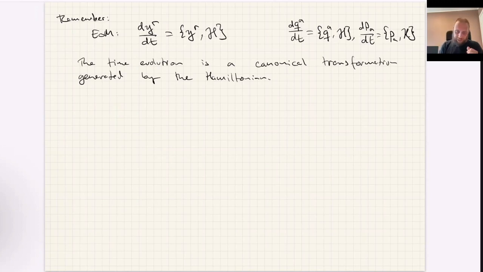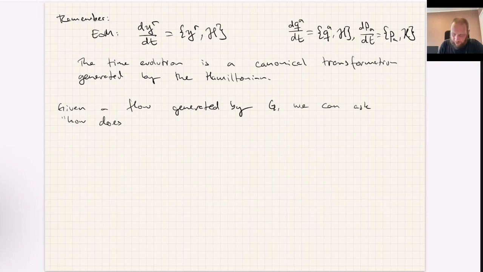Given the flow generated by some function g now, we can ask ourselves how does the value of some other function f change when we follow this flow?